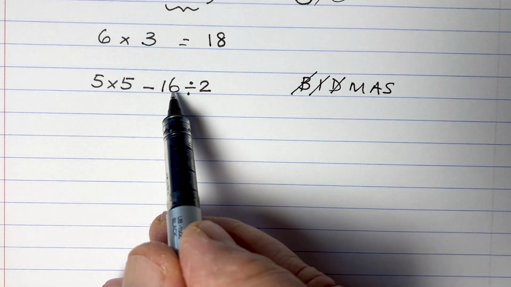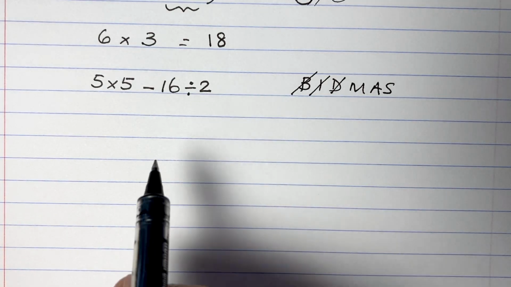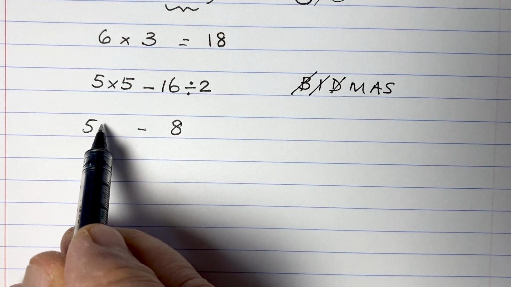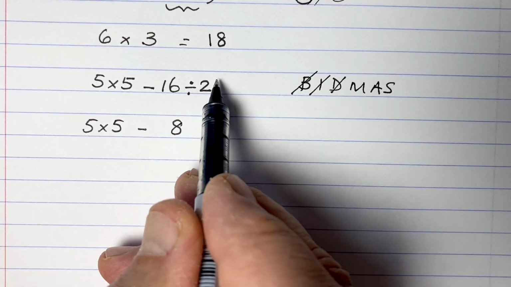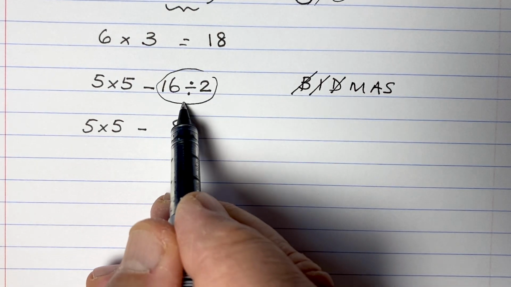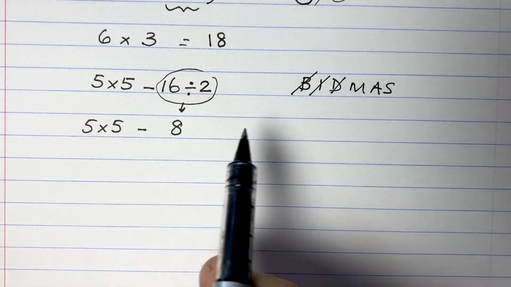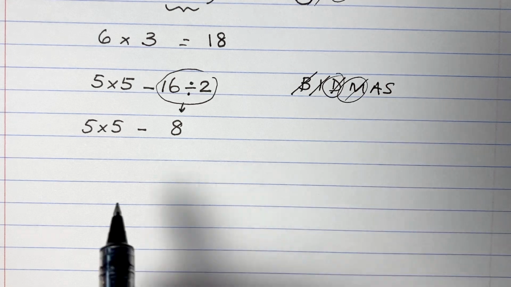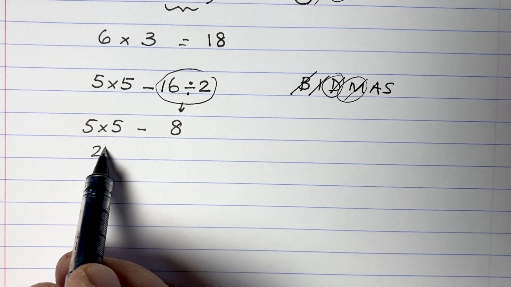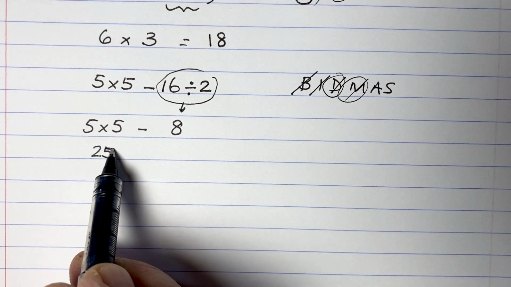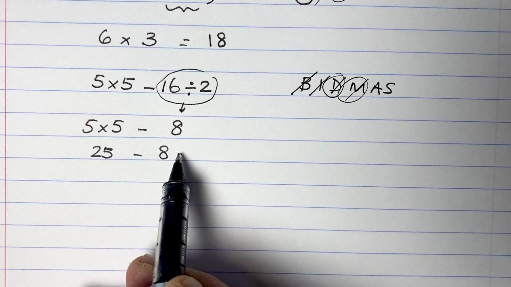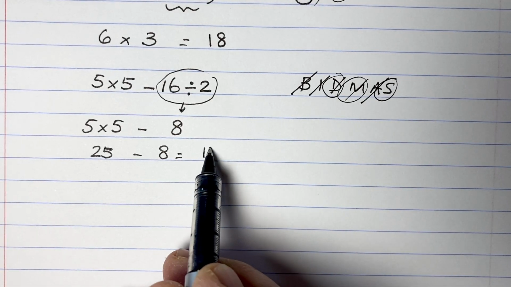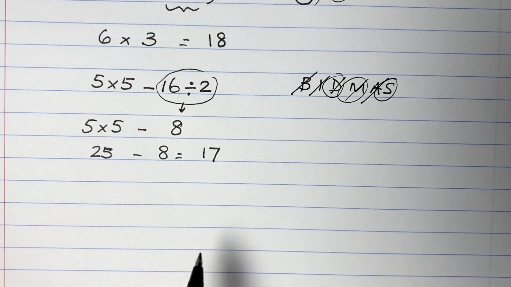Division is 16 divided by 2, which is 8. So I've done the division. Then I'm going to the multiplication, 5 times 5, 25. Minus 8. I have no addition, but I have subtraction. So the answer is 17.